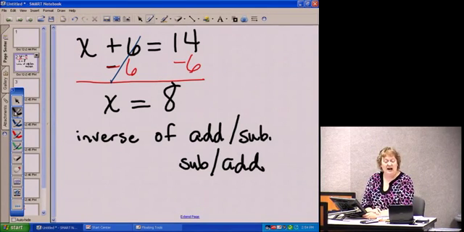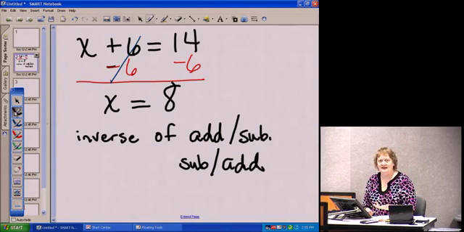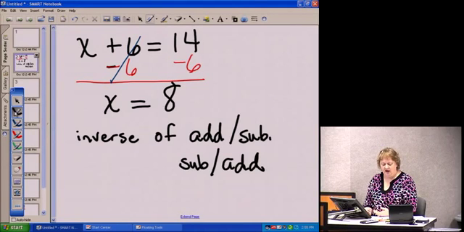So addition and subtraction are inverse operations of each other. Think about it in real life. The opposite of adding something to your pot is to take it away. The opposite of taking away something is to give it back. So addition and subtraction are inverse operations.